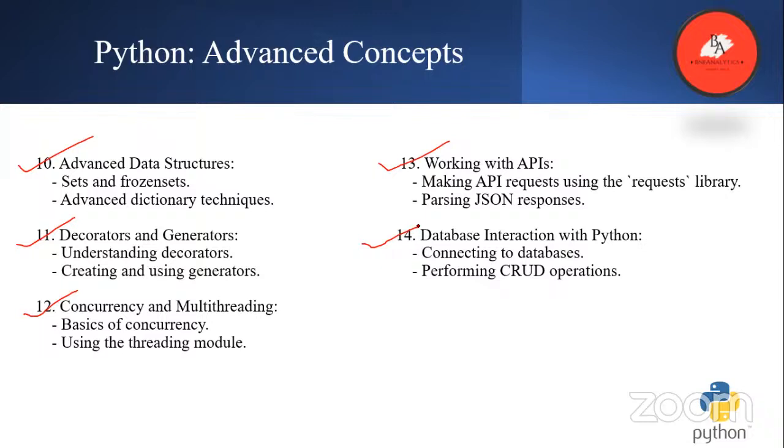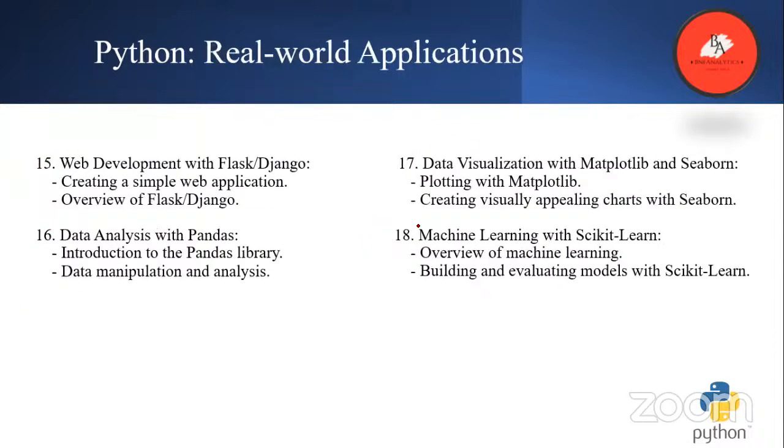If you are able to go through these concepts of Python, it will be very easy for you to grasp the library concepts. Okay. So for real world implementations, for real world applications, you need to move on with the libraries.